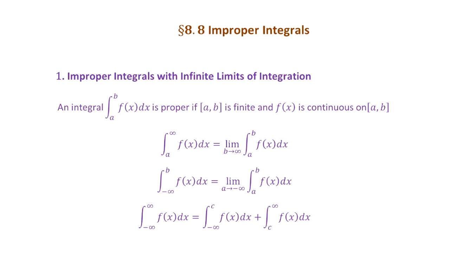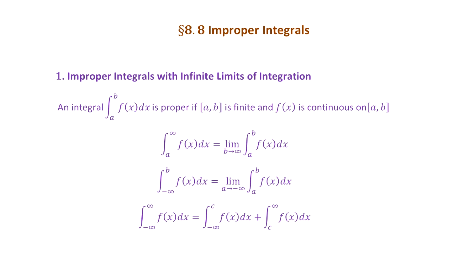Then we can integrate as usual and plug b into the antiderivative, right? Then you let b approach infinity and take the limit, and that will give you the answer for this problem. That's called an improper integral, because now we have the base approaching infinity.